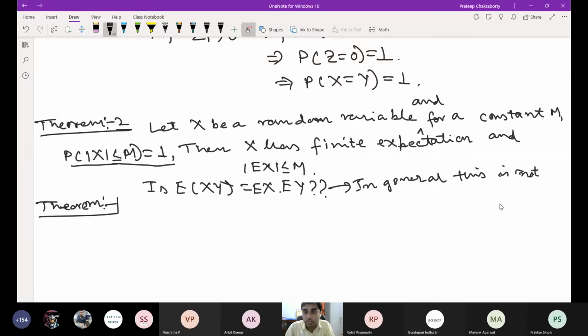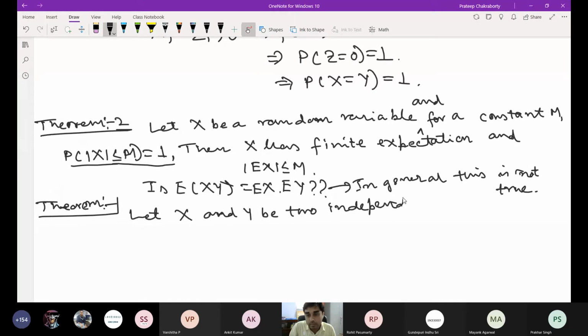But if we put some conditions on X and Y, then we can expect some result, and the result is: let X and Y be two independent random variables having finite expectations as usual.